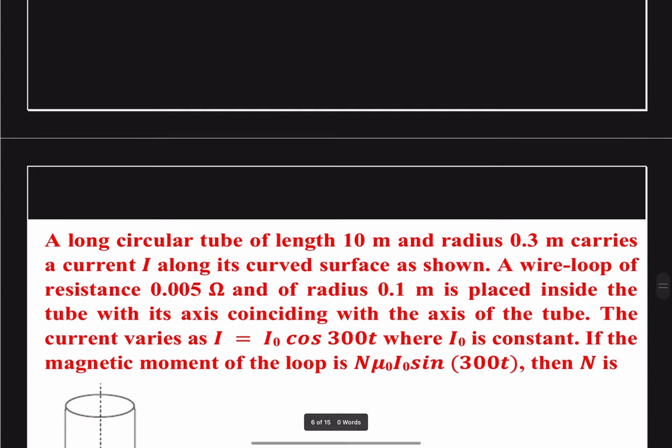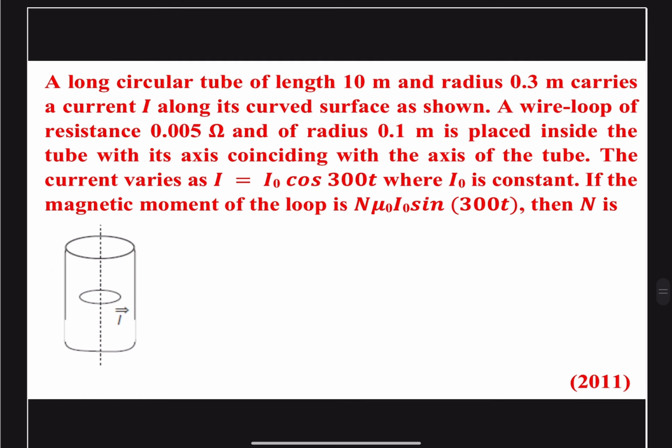And now we come to our last question, which was asked in the year 2011. It says that a long circular tube of length 10 meter and radius 0.3 meter carries a current I along its curved surface, as shown in the figure.